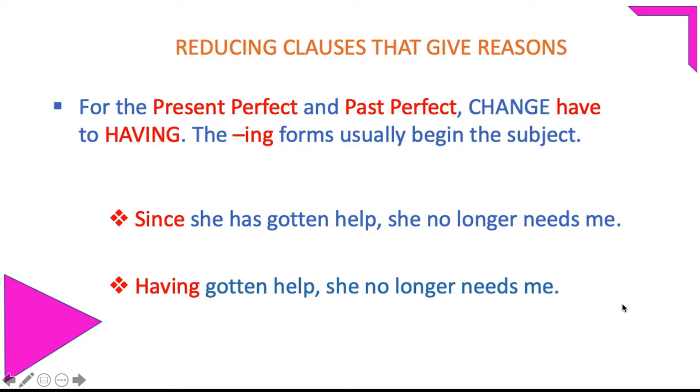Since she has gotten help, she no longer needs me. We're omitting what? We're omitting the subordinator, and we're using have, having. And the verb past participle. Having gotten help, she no longer needs me.